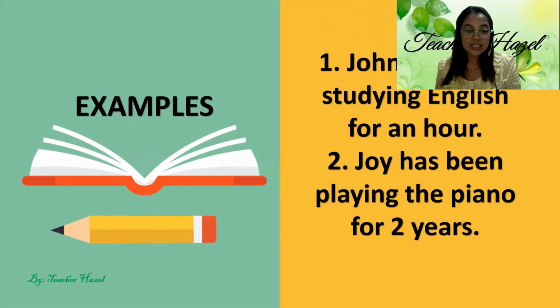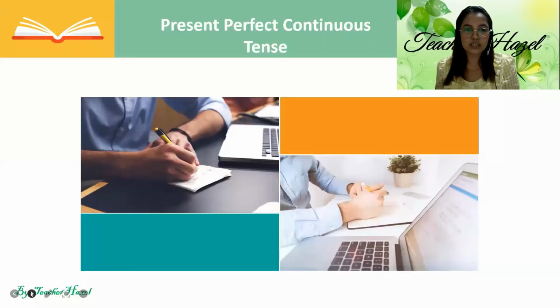The next sentence is a little different. So we have here, it has been growing since June. It can be something like a plant. The plant, it has been growing since June.